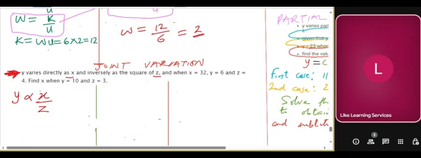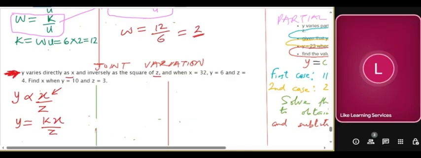Do you get it? Directly on the same line up, as you can see, inversely down. Okay, so you introduce your k, so y is equal to kx over z. Do you understand?